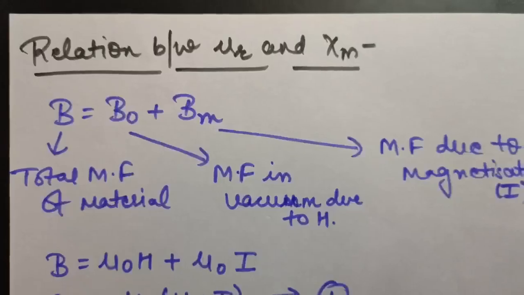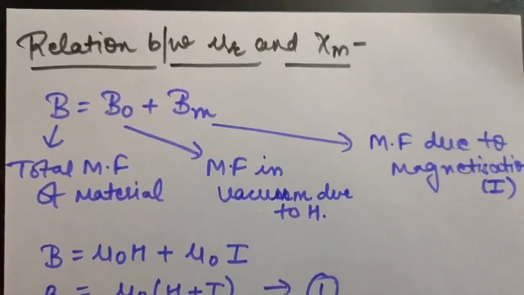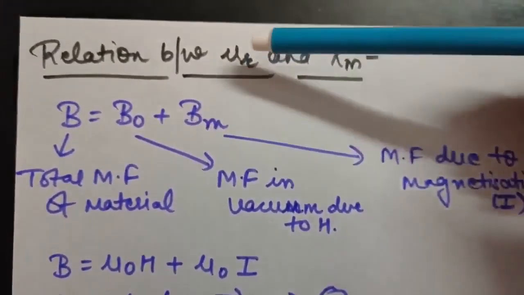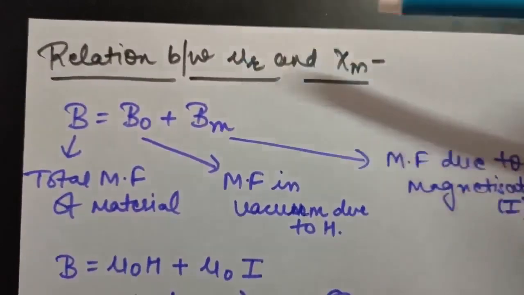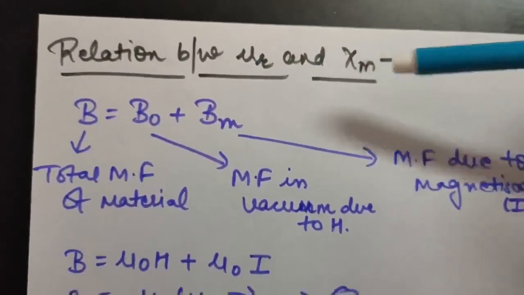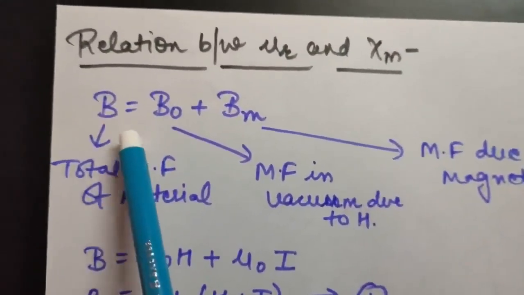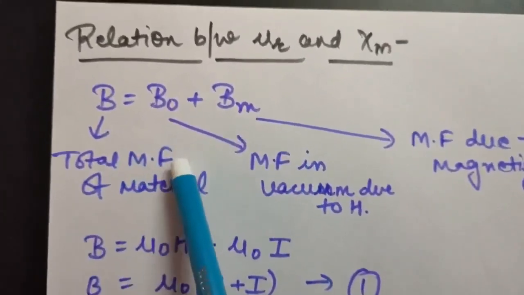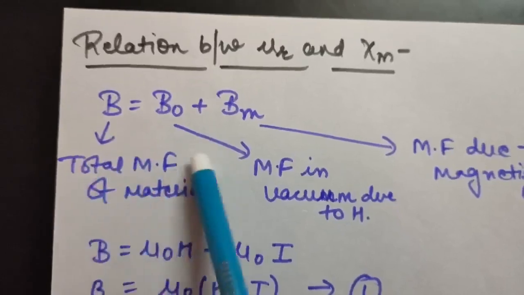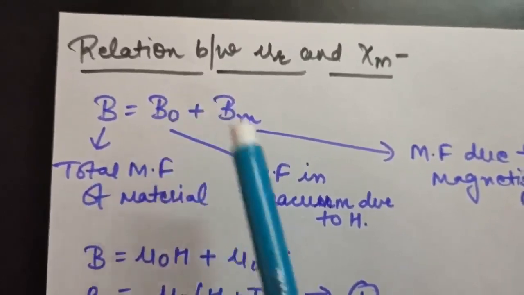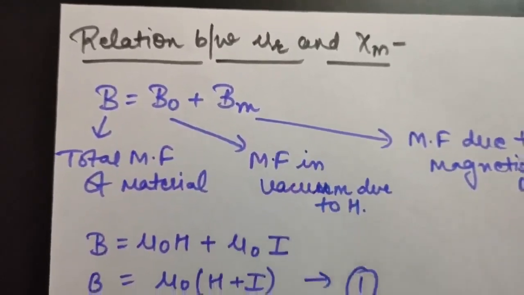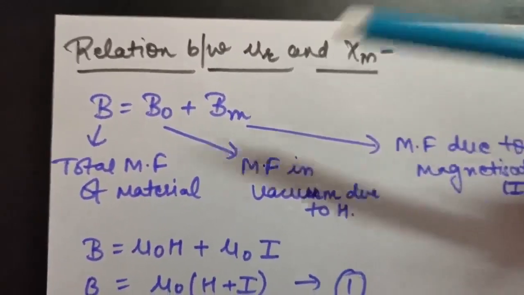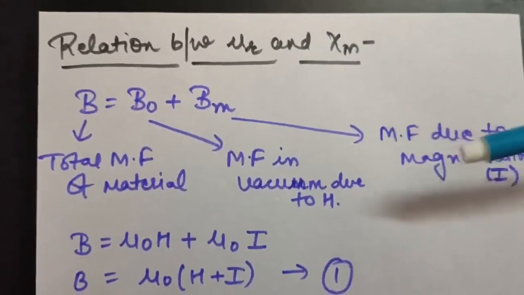The next is the relation between mu r and chi m, that is, relative magnetic permeability and magnetic susceptibility. First of all, B is equal to B naught plus Bm, that is the total magnetic field of the material. B is the total magnetic field of the material, B naught is the magnetic field in vacuum due to the magnetizing force, and Bm is the magnetic field due to magnetization.